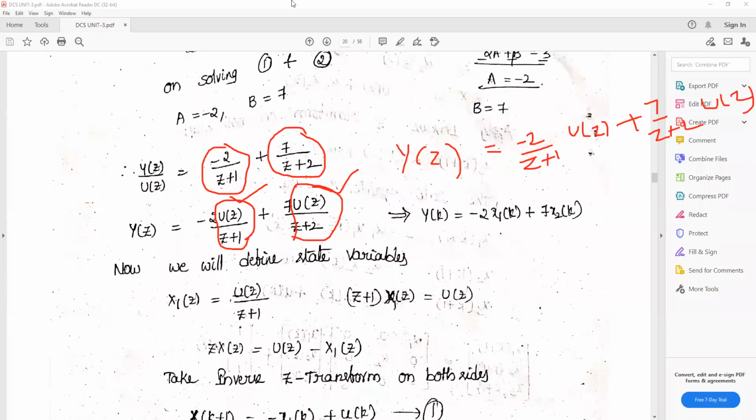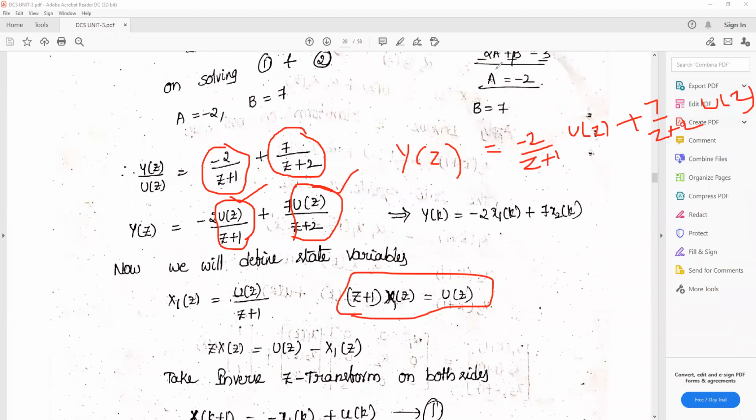So what happens to u of z? U of z will be x1 of z into z plus 1. So z into x1 of z is equal to u of z minus x1 of z.